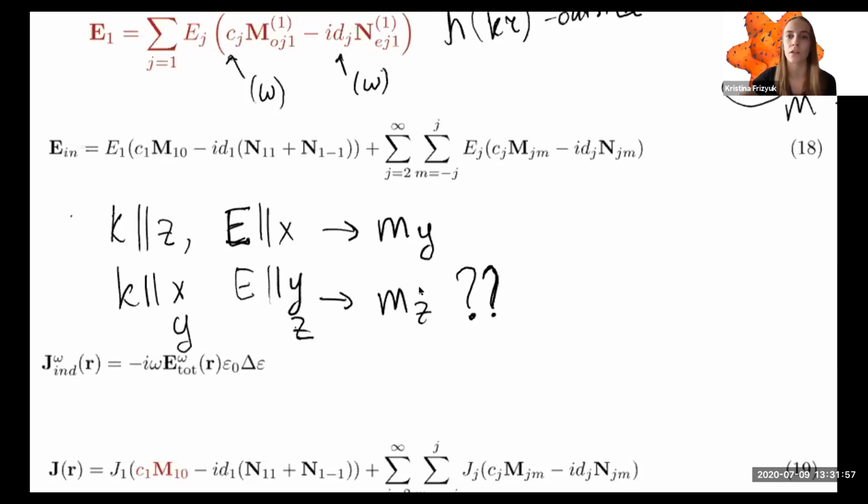It doesn't matter. So then we got it. We have the field inside the nanoparticle in the form of all possible multipoles. And we are only interested now in this one. This is the magnetic dipole along the z-axis.